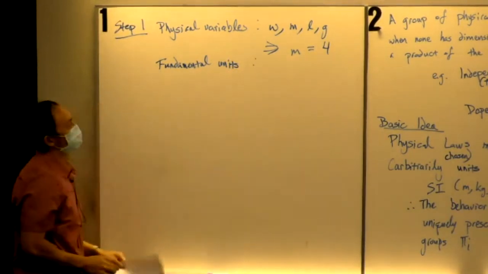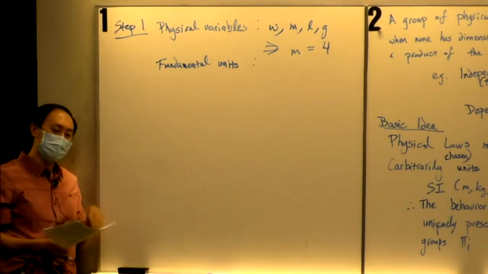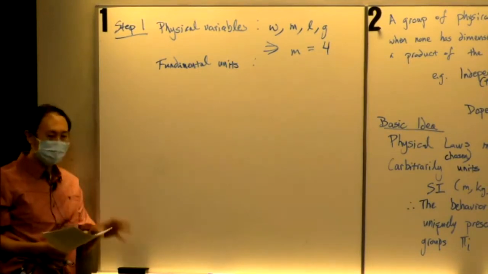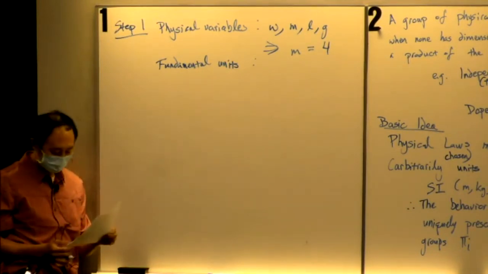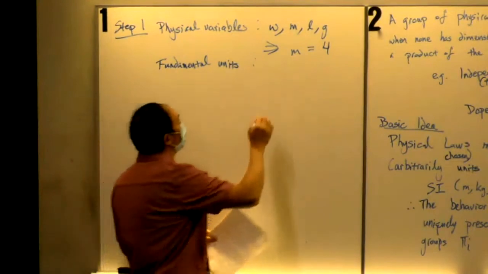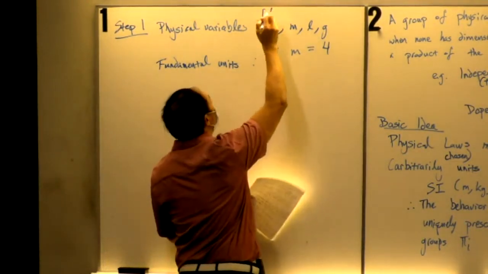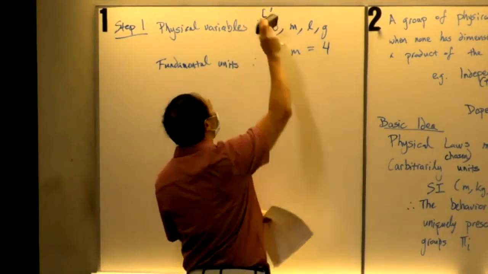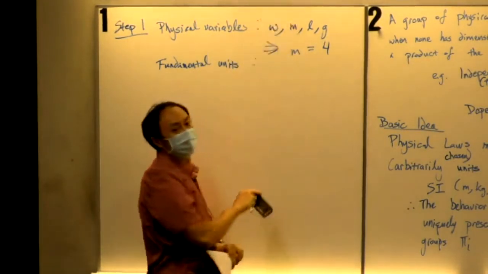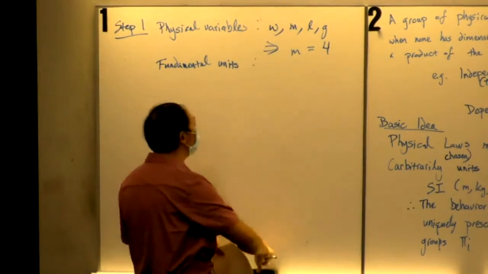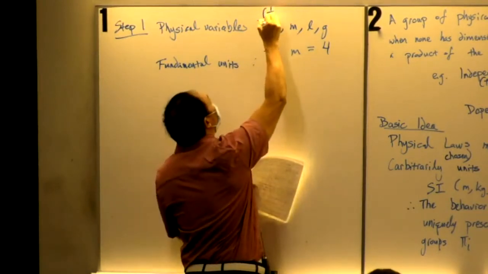All right, next. Those variables are couched in certain units. What units are used to make those variables? So I'll just write the units of each of these things. What's the unit of omega, frequency? Hertz. Yeah, hertz. Or 1 over time.